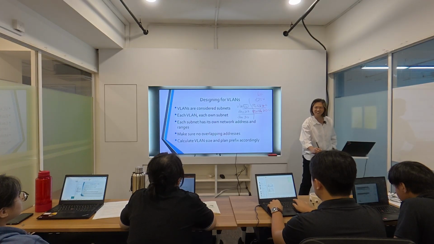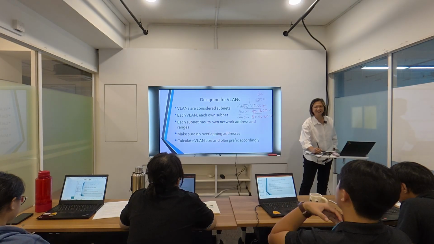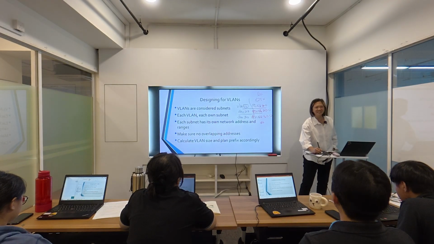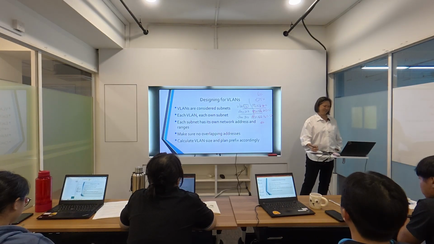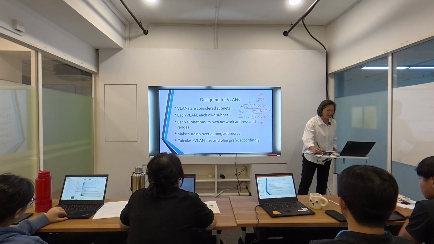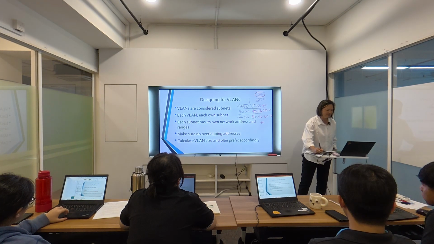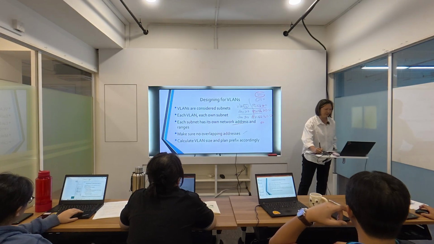Then it's 30, okay, it's VLAN 30. 40, that is VLAN 40. And we know that once you choose an address with a mask, you will know its range, network address to broadcast, and make sure there is no overlapping.